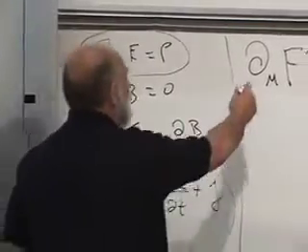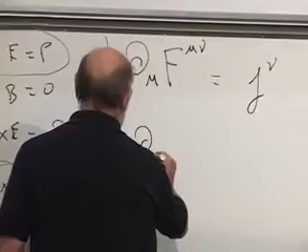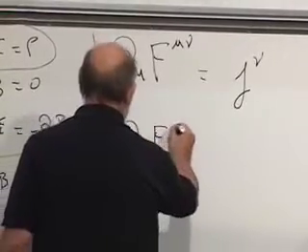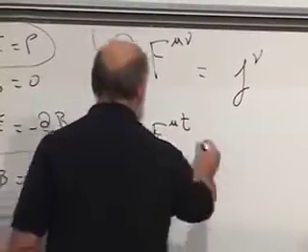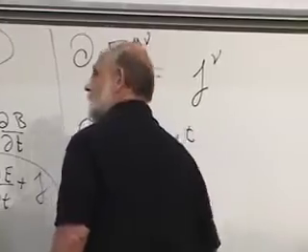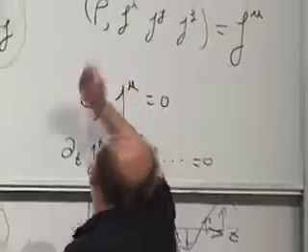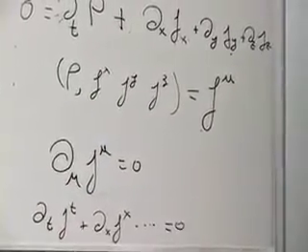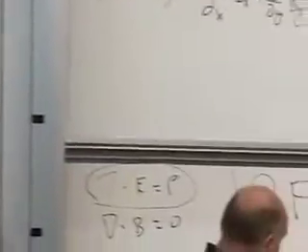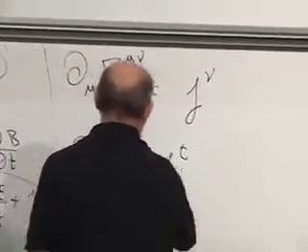First of all, let's take the time component. The time component would be d mu F mu t is equal to Jt. But what is Jt? That's the time component of the 4-vector of current. It's rho. So on the right-hand side, we have rho.